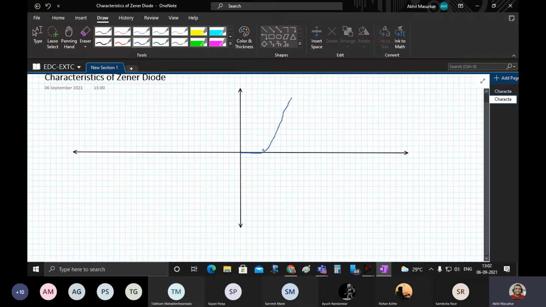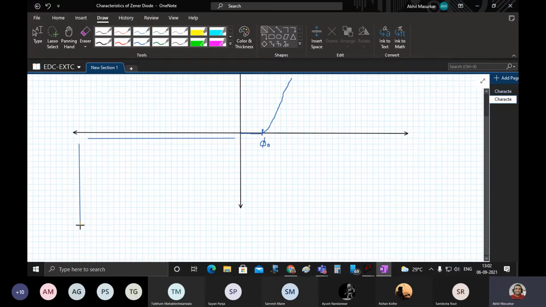Generally this place is called phi naught, and basically the normal diode will have a very big reverse breakdown voltage, and so something like this. And this value was Is.